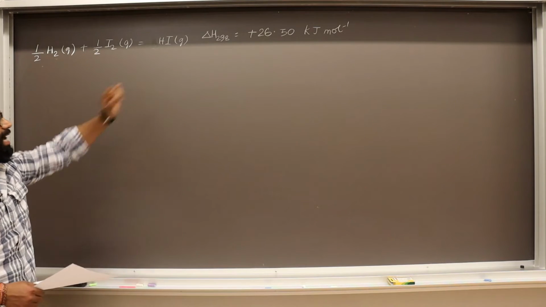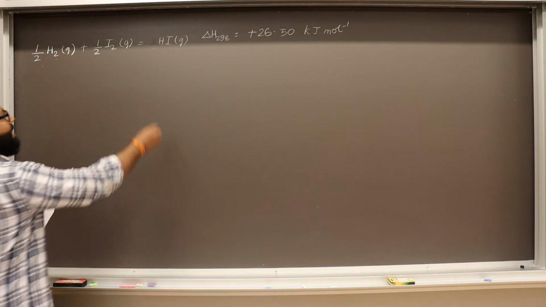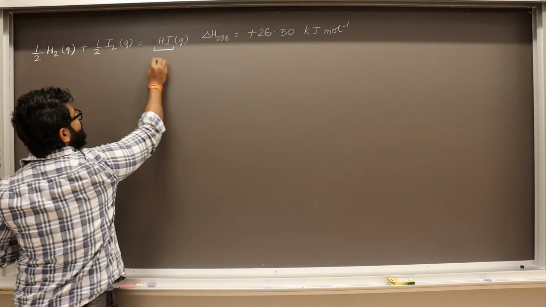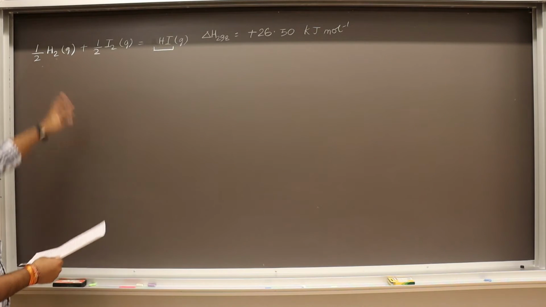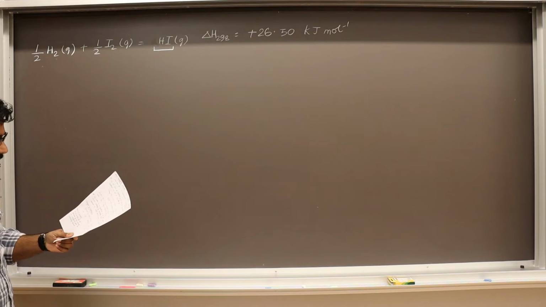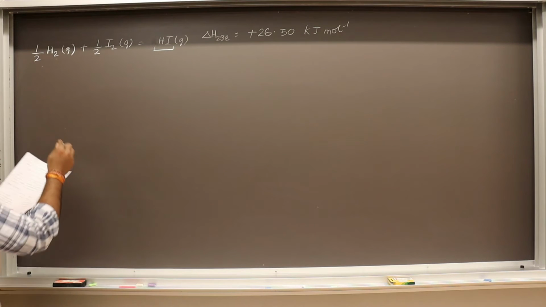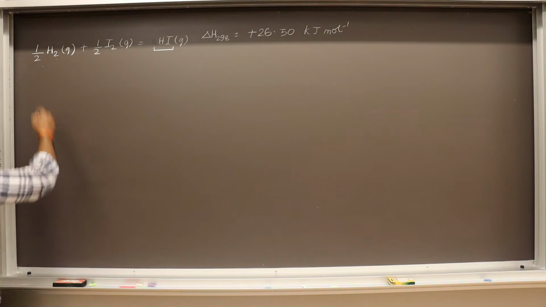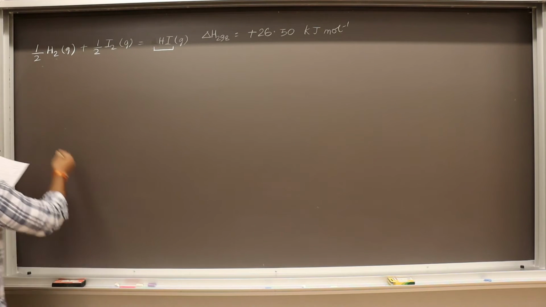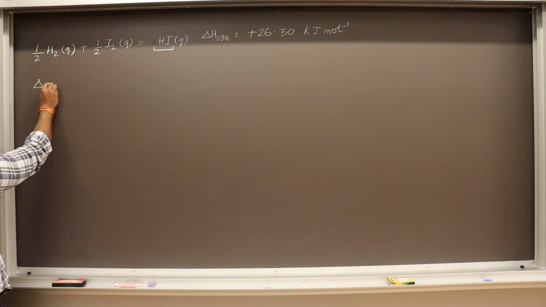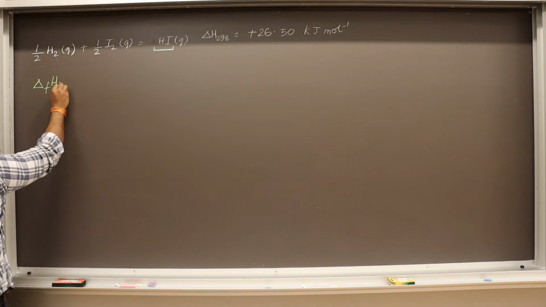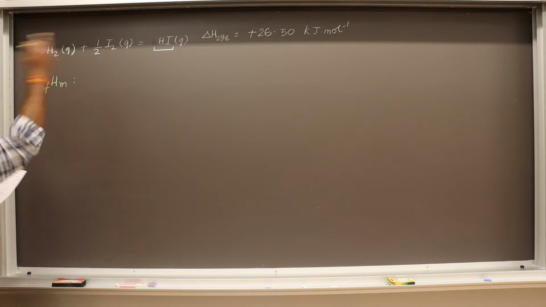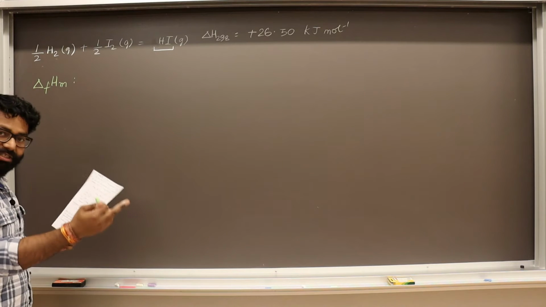Now this delta H, you see how HI is being formed. Okay, you're producing HI from its constituents. Now this is called the molar enthalpy of formation. So let's define a new term, the molar enthalpy of formation. So we saw the molar enthalpy of combustion.